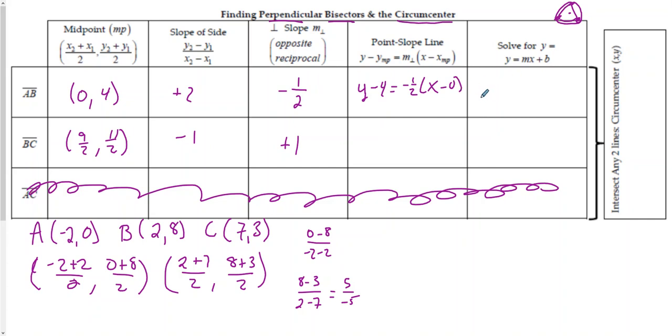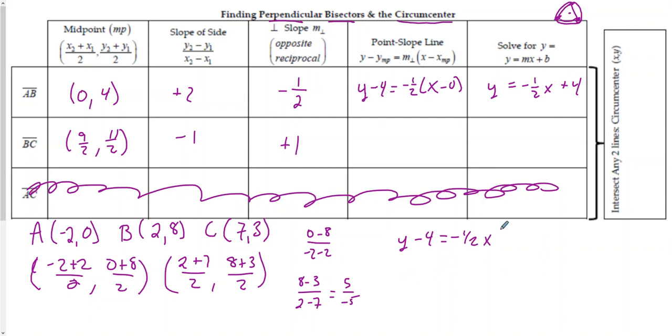We'll just bring that down here to show you the work, and we'll leave off the 0. We're just going to add 4. So we end up with y equals -1/2 x plus 4.